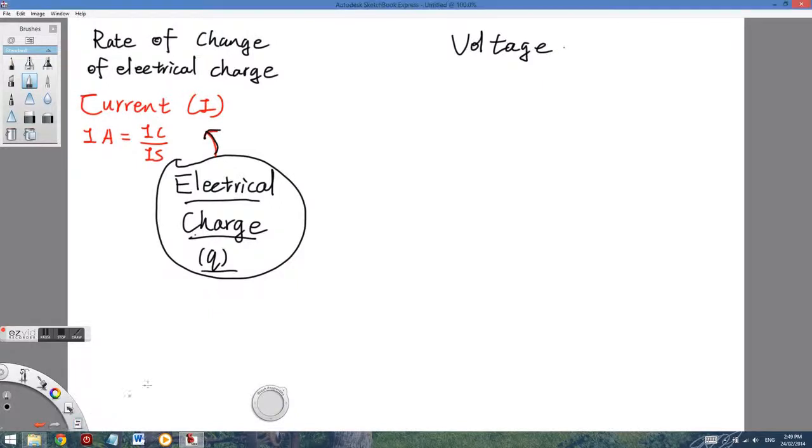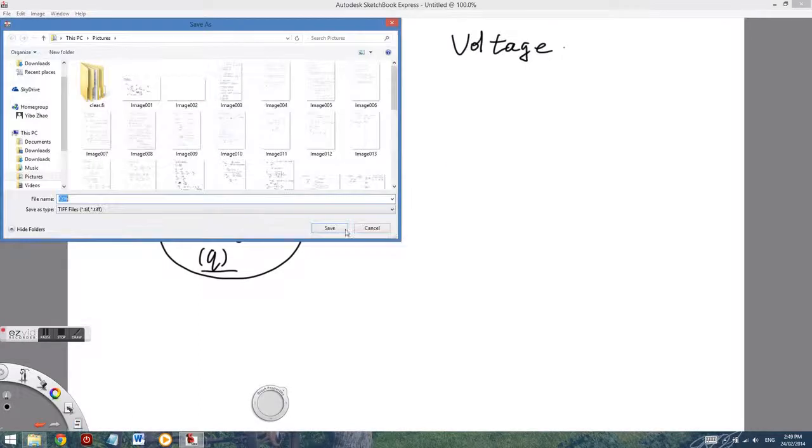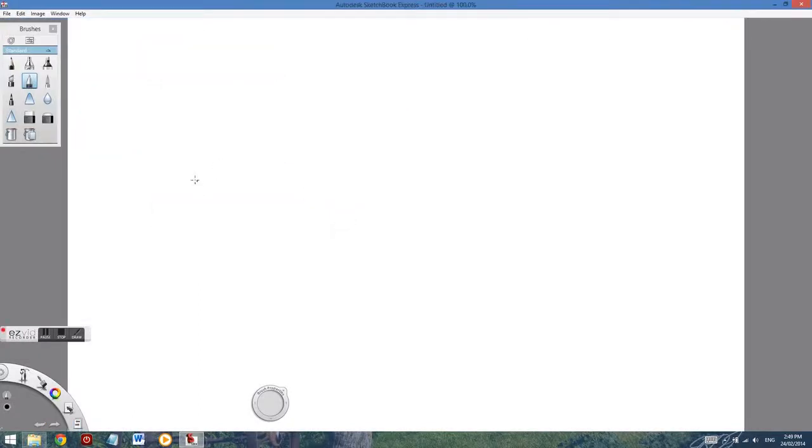Now let's go to the next page. Imagine we have little trucks, and each truck is 1 coulomb.